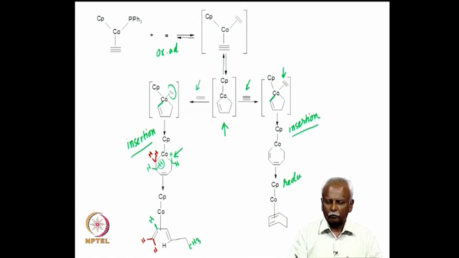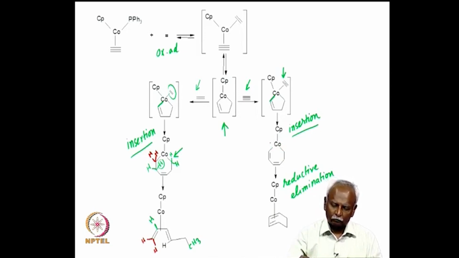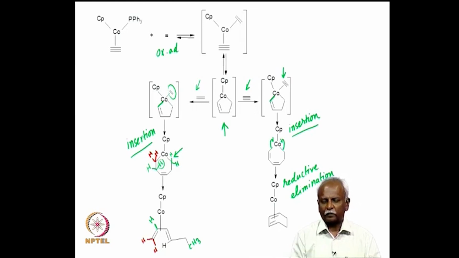To understand the reductive elimination, you can think of the cobalt taking back 1 electron from this bond in such a fashion that cobalt 3 becomes cobalt 1 again, and you have the formation of a cyclohexadiene at the end of the reaction.